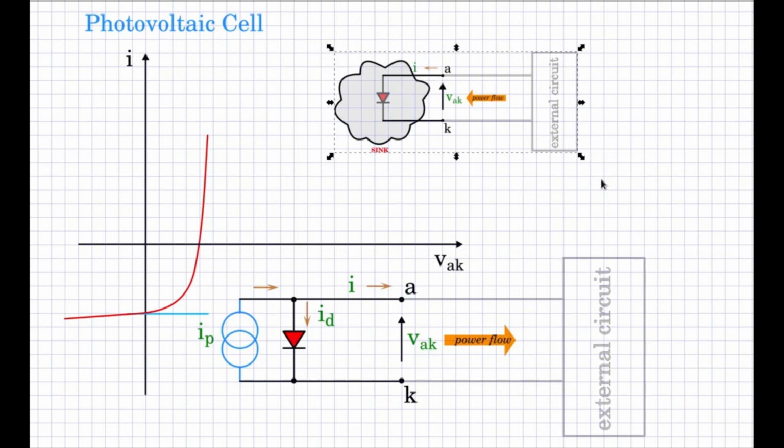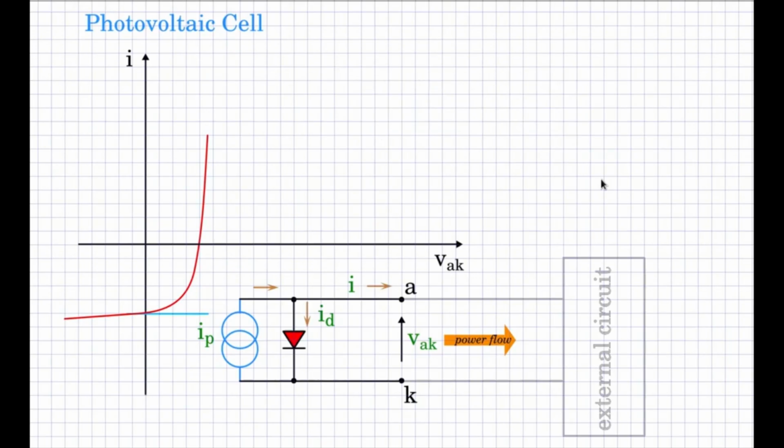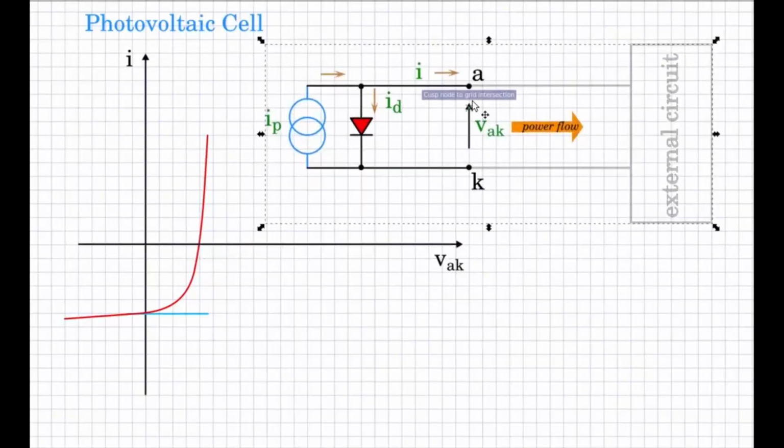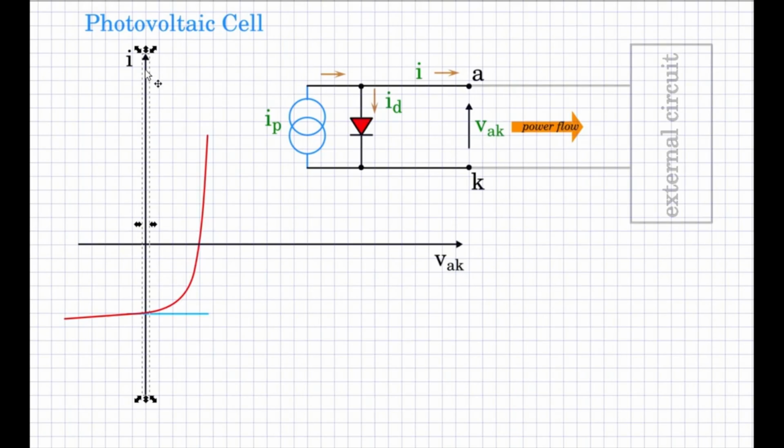So we would not like to have this, but would like to use this as our reference now, and we would like to bring this to the first quadrant, which would mean we have to flip the current axis.